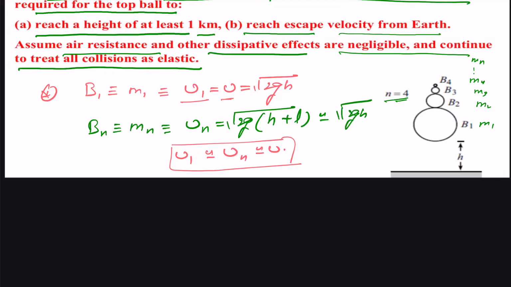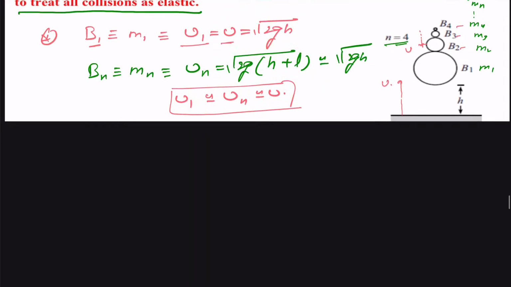After collision the velocity will be upward for b1, but all these balls b2, b3, b4 will still be traveling in the downward direction with speed v, when b1 after collision will be moving upward with velocity v. Same process, but now we discuss it with respect to n number of balls.